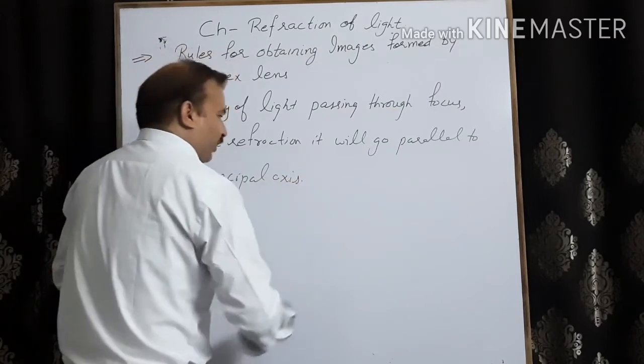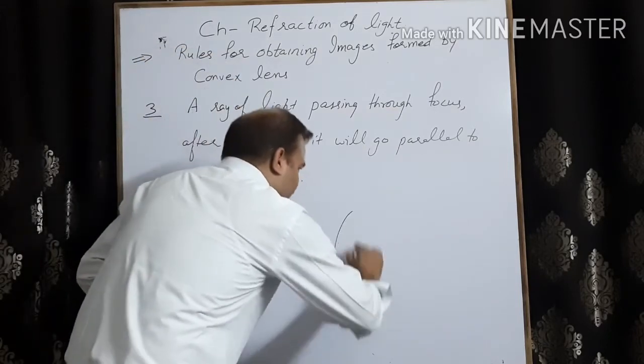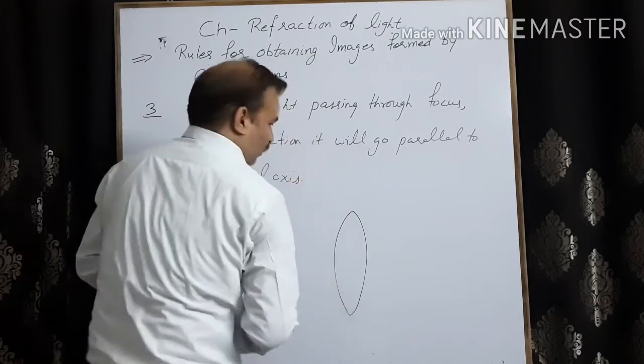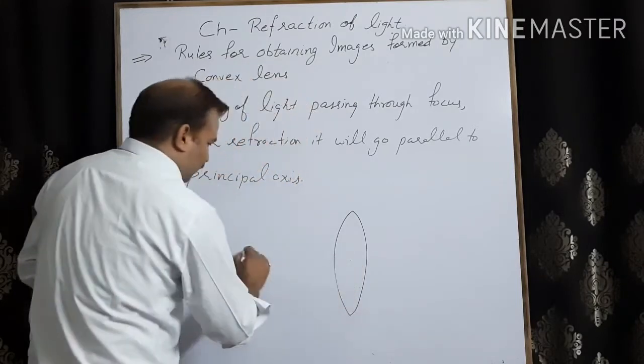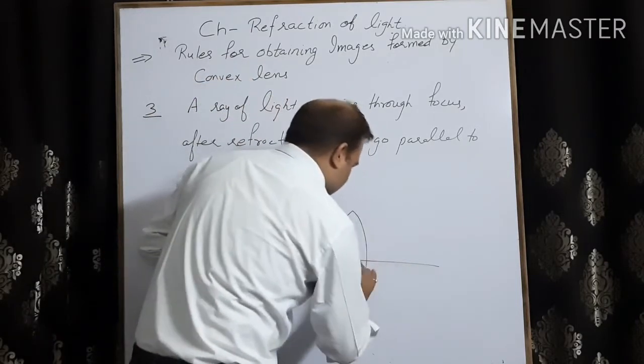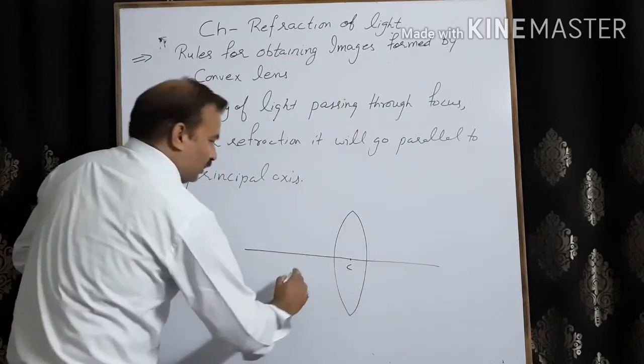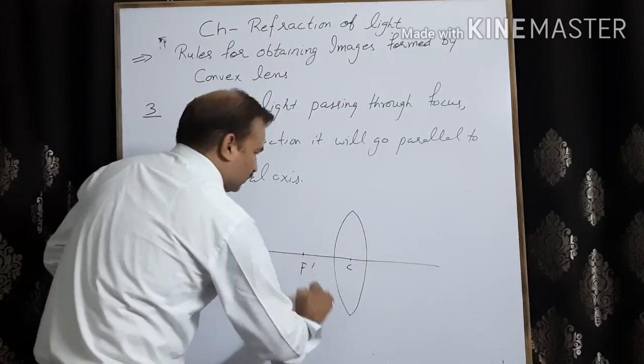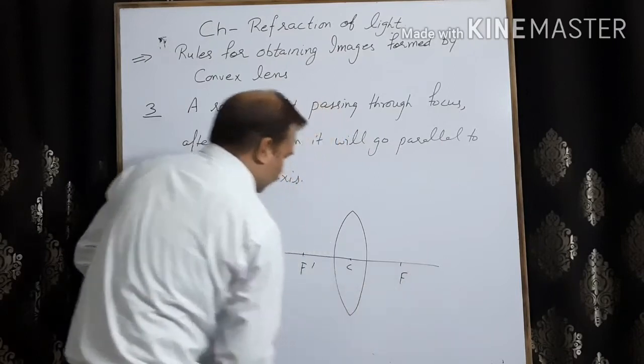Let this be a convex lens with optical center C. Now this is the focus and this is the other focus.